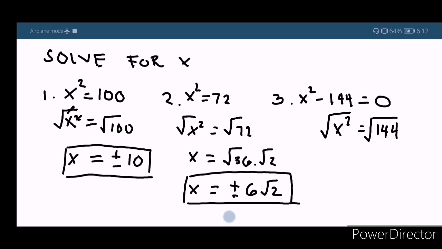Yung square root ng x squared ay x. Ang square root ng 144 ay positive or negative 12. So, yung solution natin, it's either x is equal to positive 12 or x is equal to negative 12. Okay.